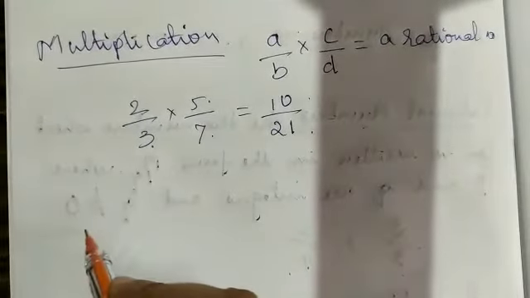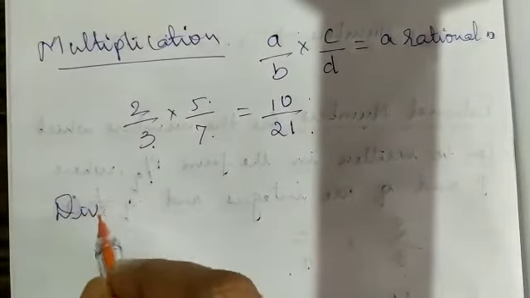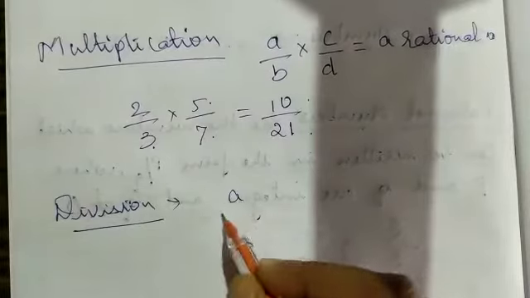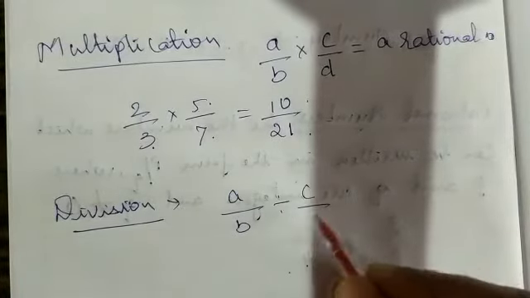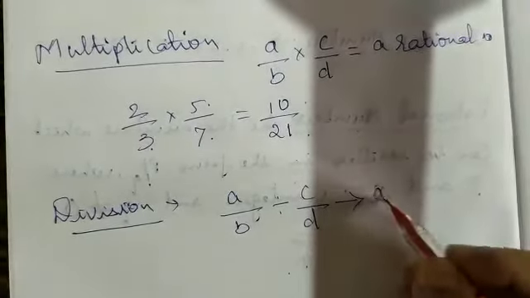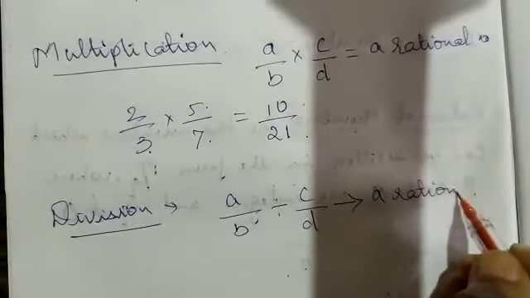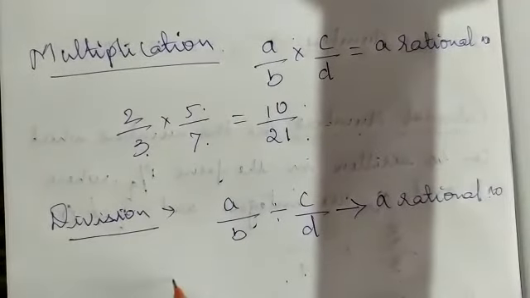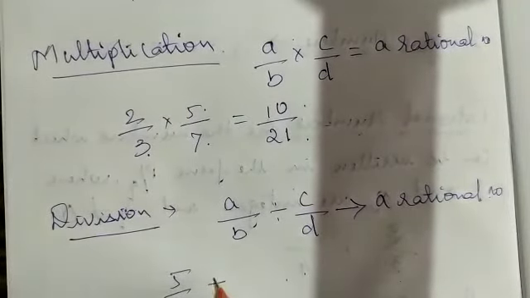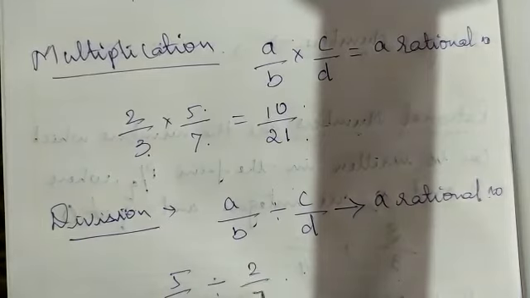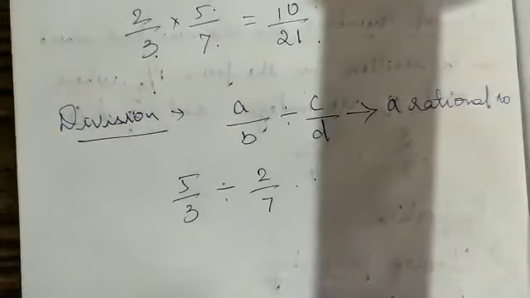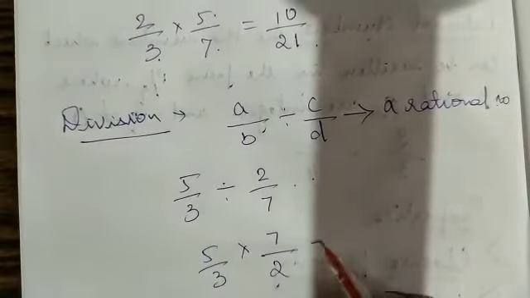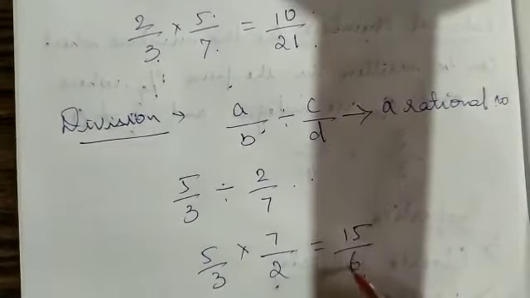Next, we will come to division. When we divide two rational numbers, we must get back a rational number. If I divide 5 by 3 by 2 by 7, I will get 5 by 3 into 7 by 2, which is 35 by 6.